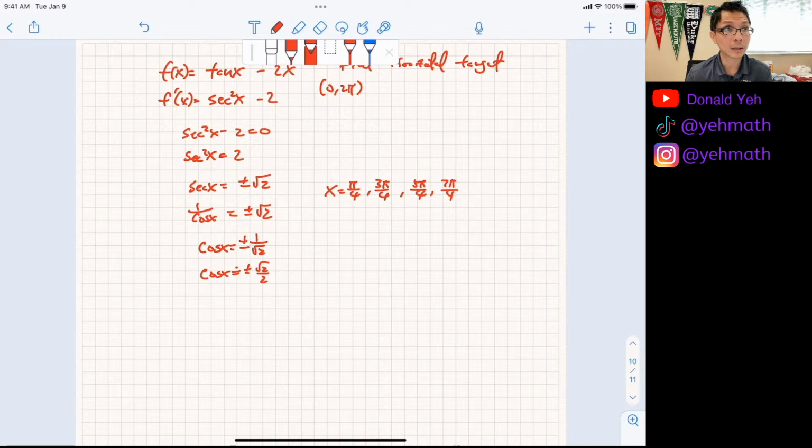Is that hard? It's just solving a trig equation. We talked about how to solve a trig equation before. How does radical 2 become 1? I rationalize that.